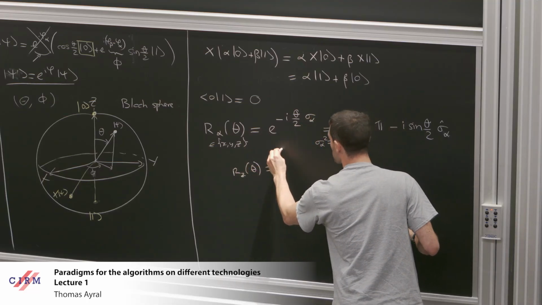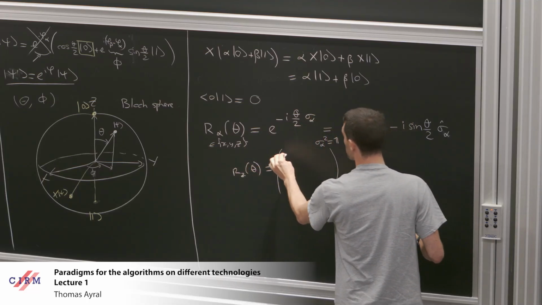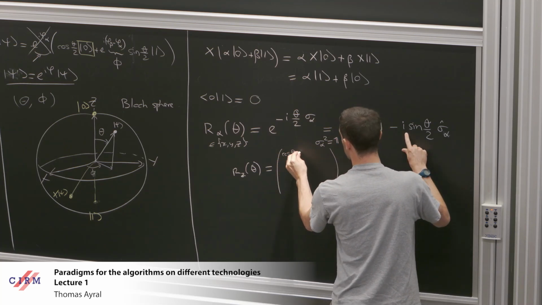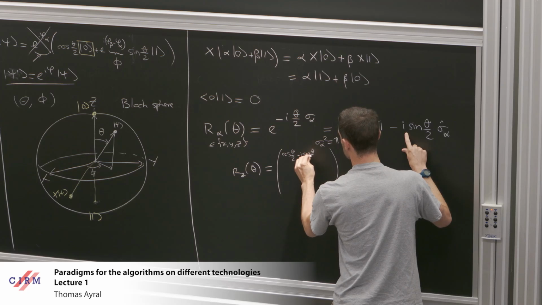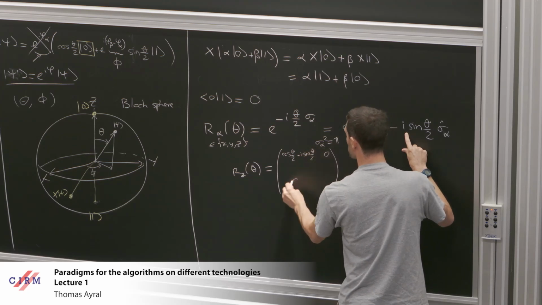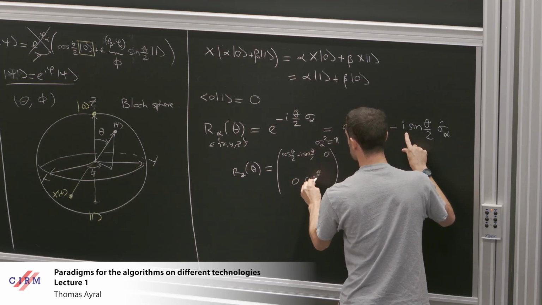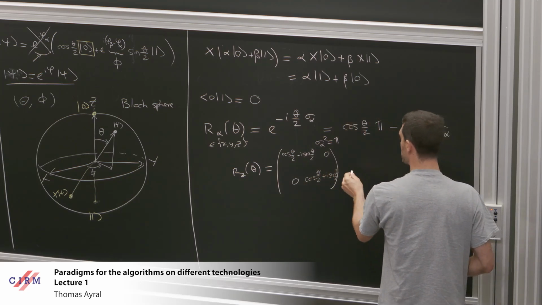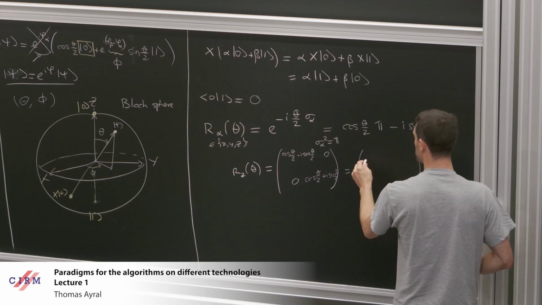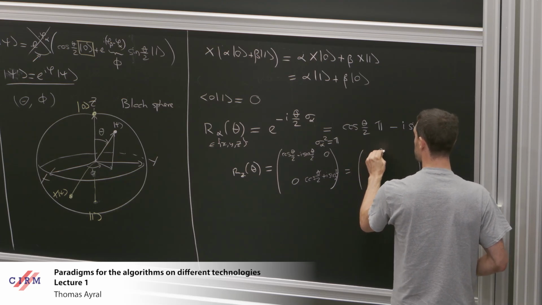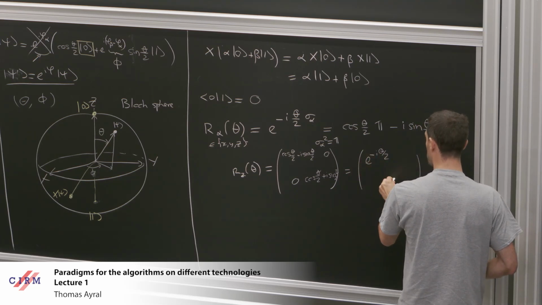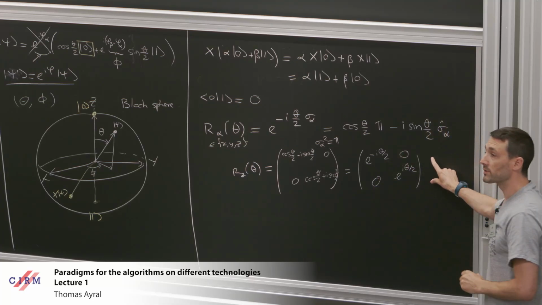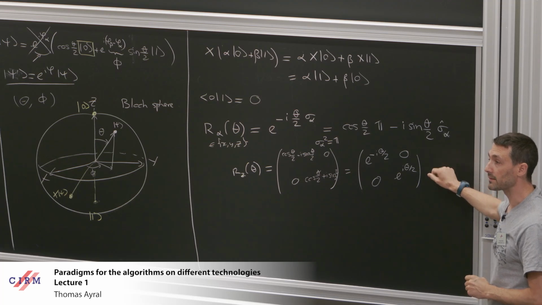If I use this here, you see that I have cosine theta half minus i sine theta half, 0, 0, and here cosine theta half plus i sine theta half, if I didn't make any mistakes, which in other words is exponential of minus i theta half and exponential of i theta half. So that's a way to get the matrix corresponding to a rotation along the z-axis.